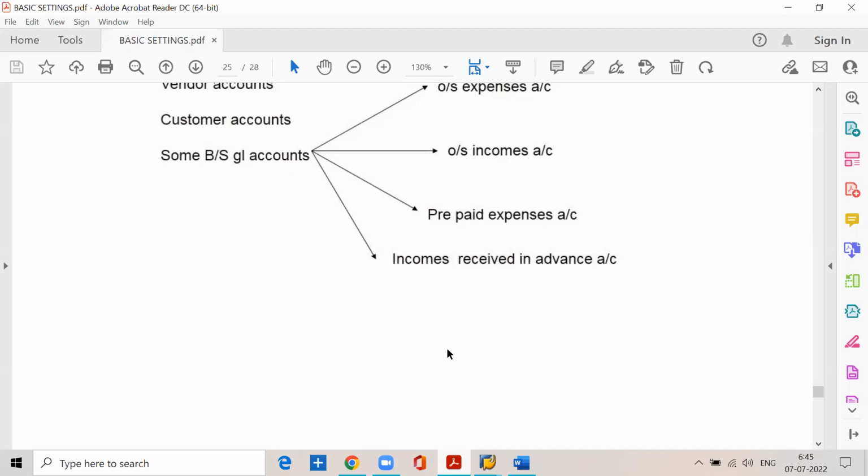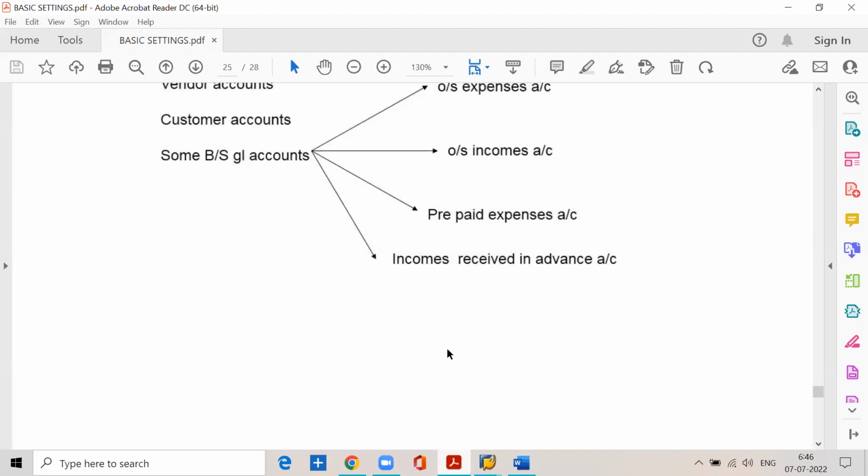That means what is happening? The salaries and rent of June are accounted on 1st July, and the salaries and rent of July are accounted on 1st of August. So in this case, if you prepare the P&L account and balance sheet for the month of July, will they reflect a correct picture of the profit and loss and financial status?